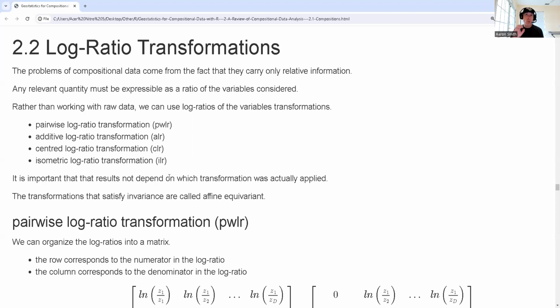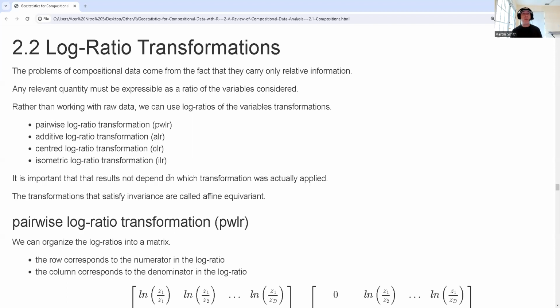All right, now something that is important: when we run our analysis on composition data, it's important that the results not depend on which transformation was actually applied. If I get different results with different transformations, then I have contradictory information, and I probably shouldn't trust my results anyway. That's frequently going to be a small sample situation or a very weak signal within the data.